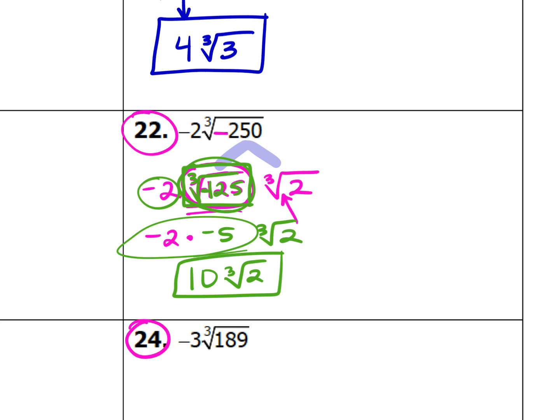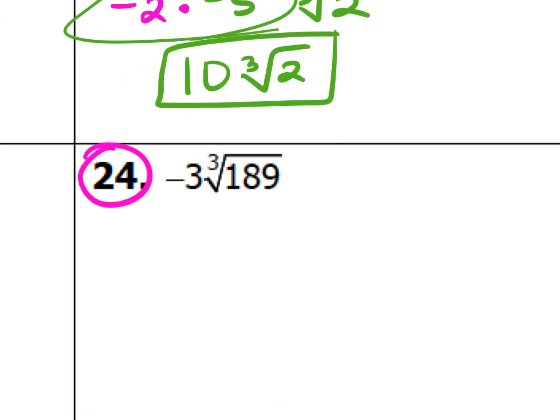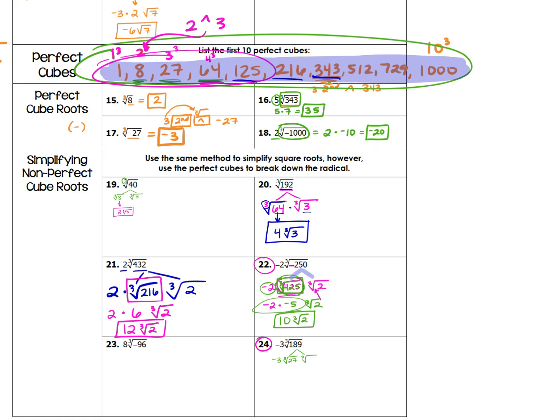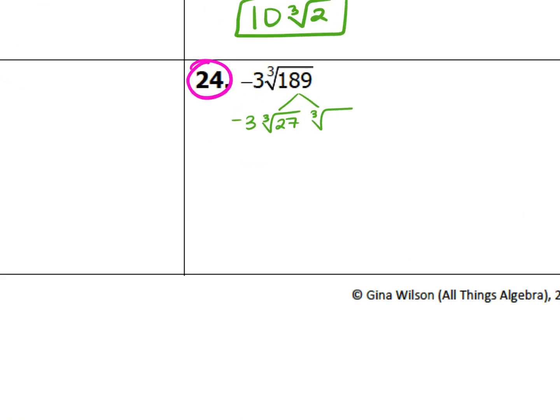Okay, what do you get for 189? 27, is it perfect? 27 and 7, yeah, 27 and 7 would get you there. So 189, you're looking back up at this list and asking, what is 189 divisible by? The first thing it's divisible by is 27.